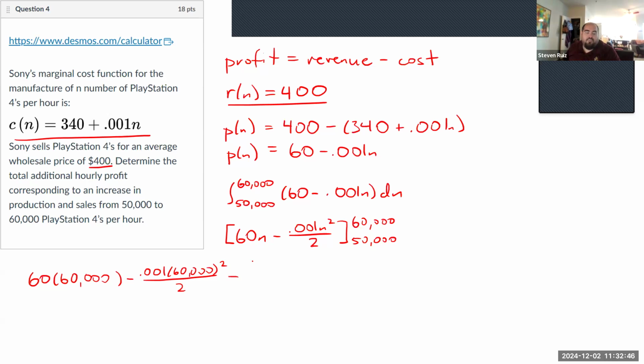And then subtract off everything at the lower limit. 60 times 50,000 minus 0.001 times 50,000 squared over 2. All right, so now that we've done that, let's do some calculating.